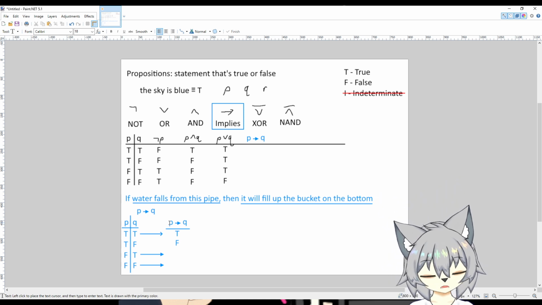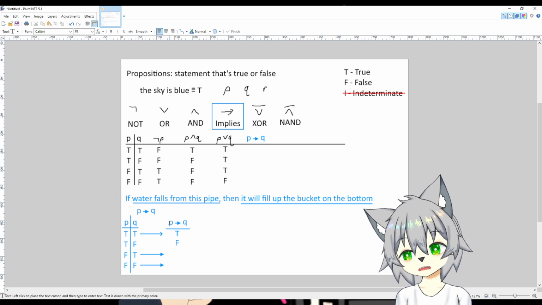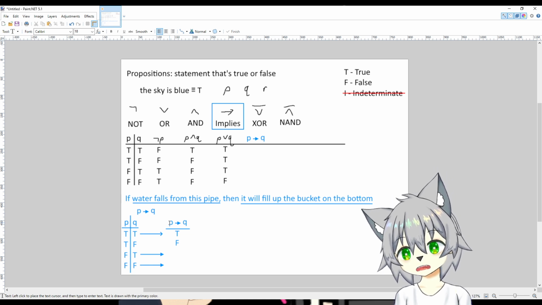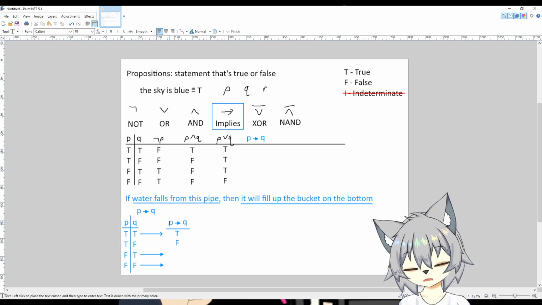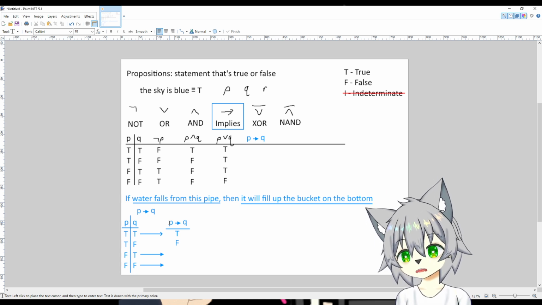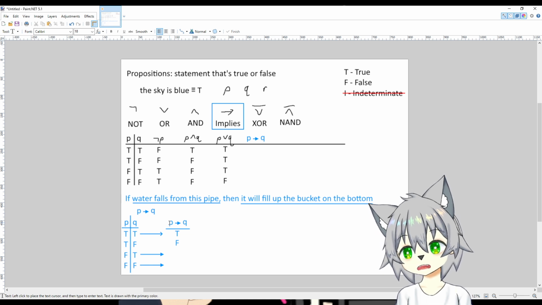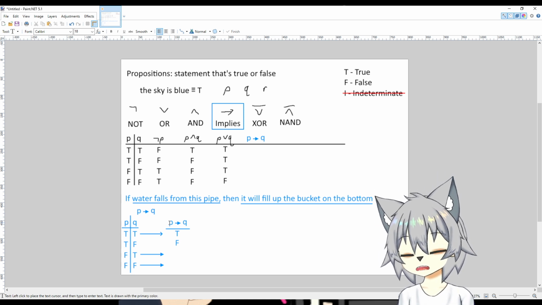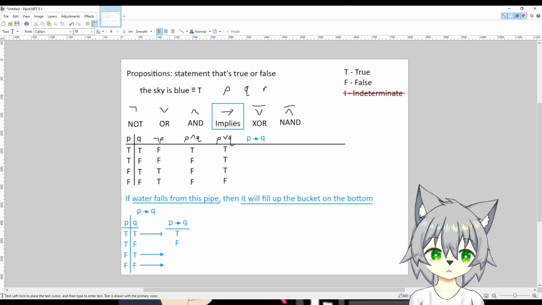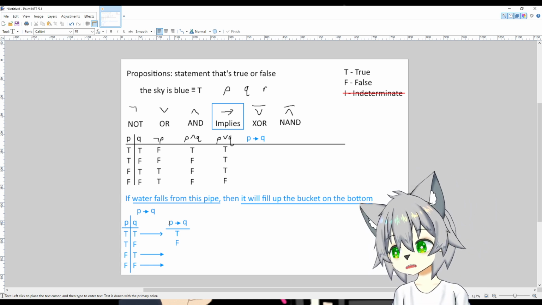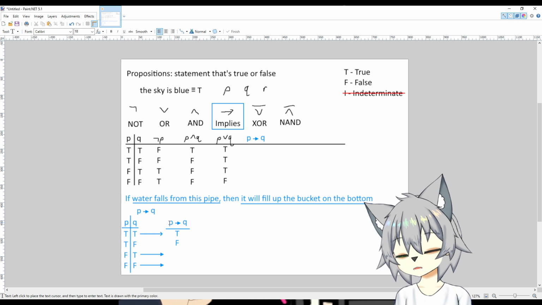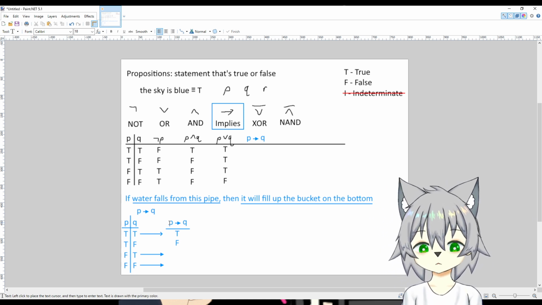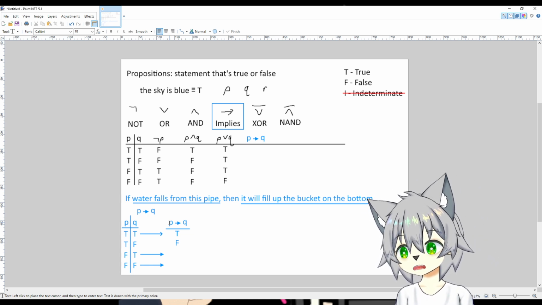Well, this statement isn't necessarily false, because if water doesn't fall from the pipe, then we can't carry on with our statement. If water doesn't fall from this pipe, whether or not the bucket is full, the bucket could be full despite water not falling from this pipe.